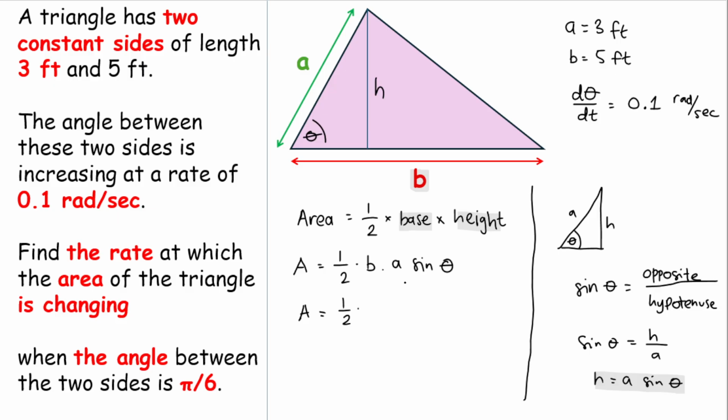B is 5, and then A is 3, multiplied by sine of theta. So we will have A is equal to 15/2 sine of theta. Good.